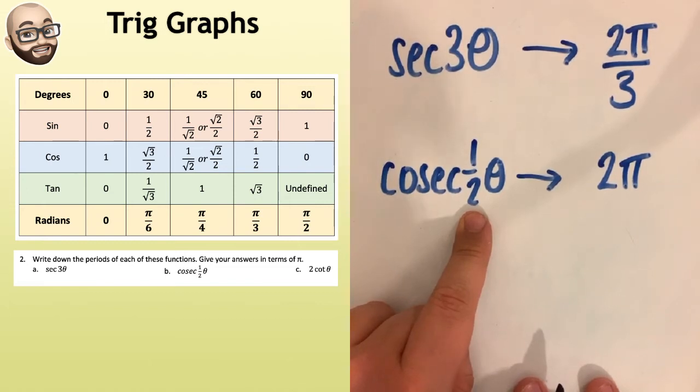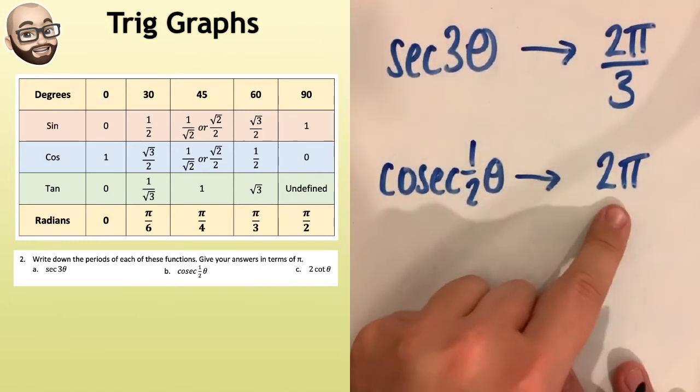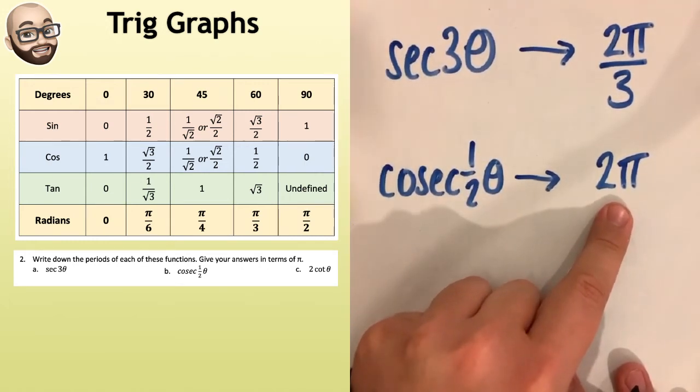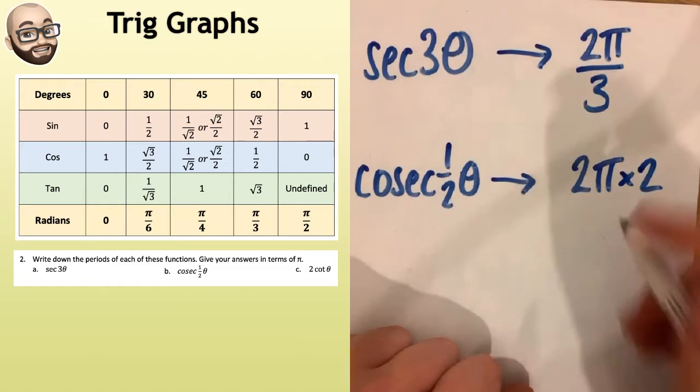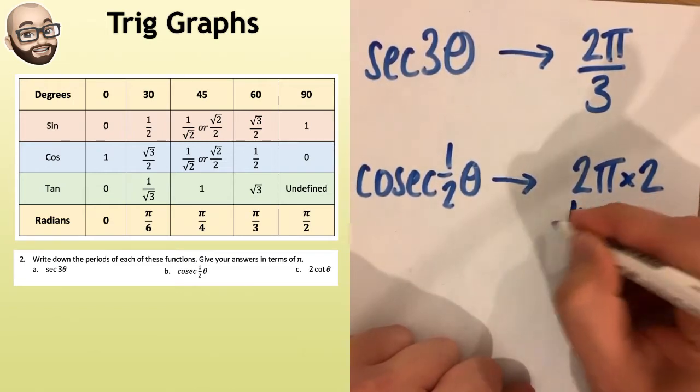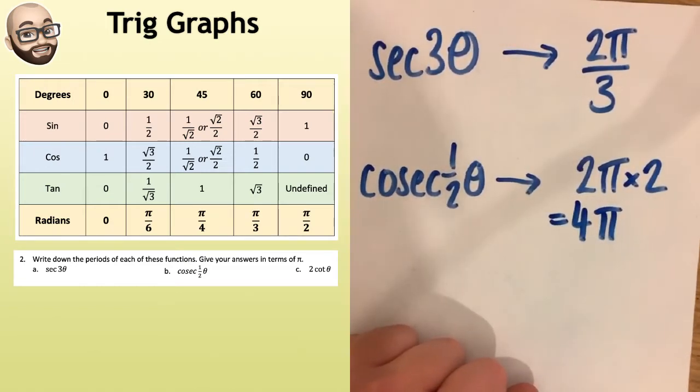In other words, it's going to take it twice as long to get to where we want to be compared to what it normally is. So this needs to be twice as much as well. So rather than it being 2 pi, it's going to be 2 pi times by 2. It's actually going to be 4 pi.